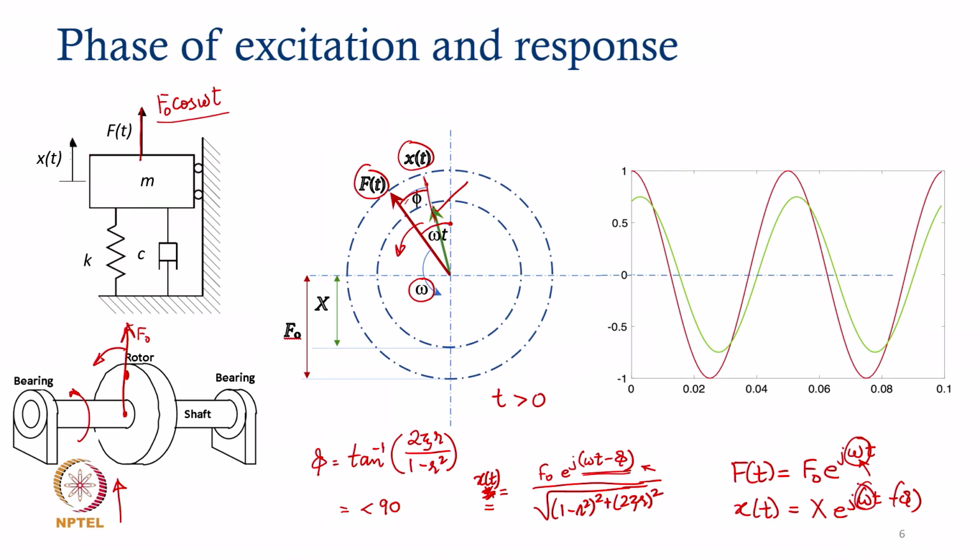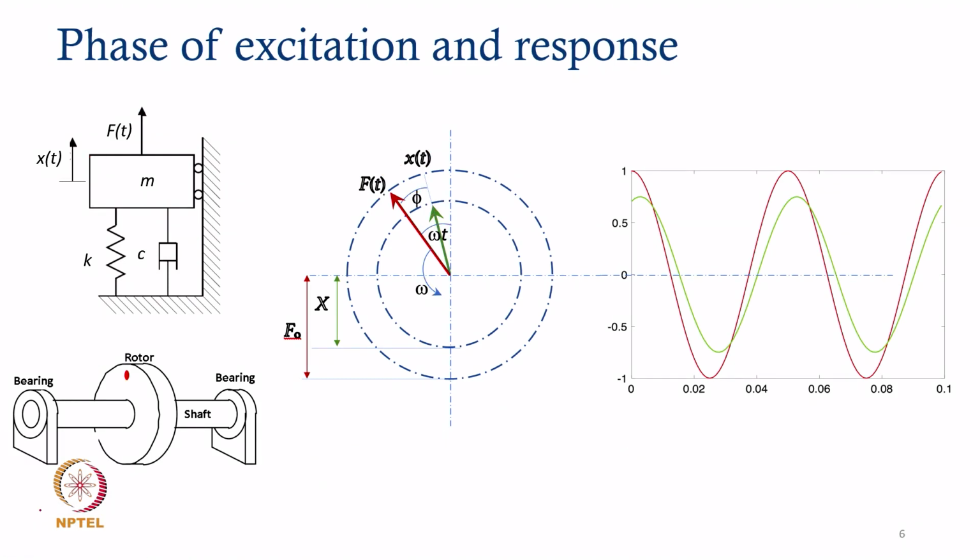Okay. And so, if I can show this to you, the projection of the tips of these vectors on the time versus amplitude graph is shown here. The red one, which is the force vector, is shown by this particular curve, which is f of t, and this green colored vector gives the curve x of t.